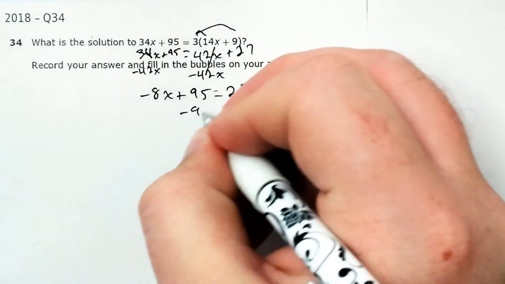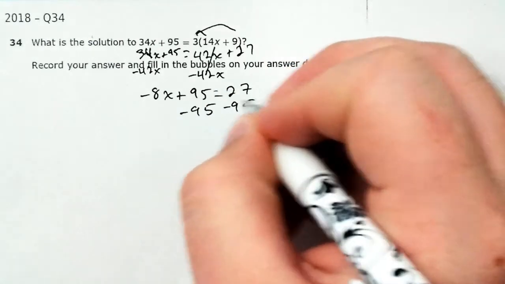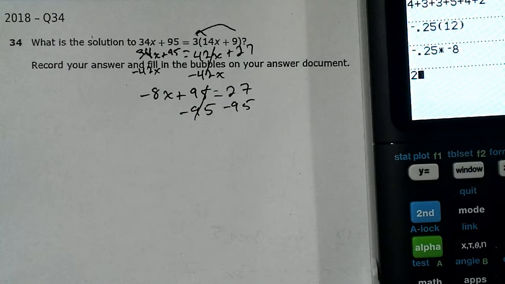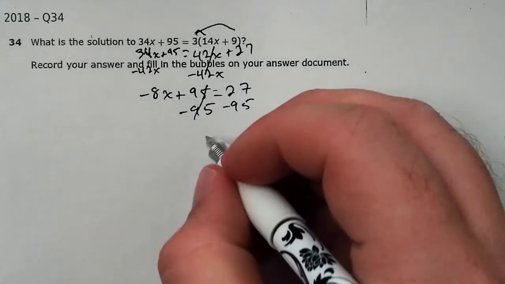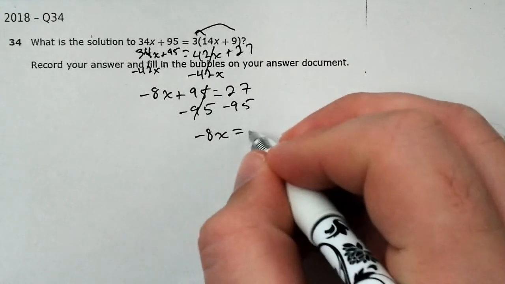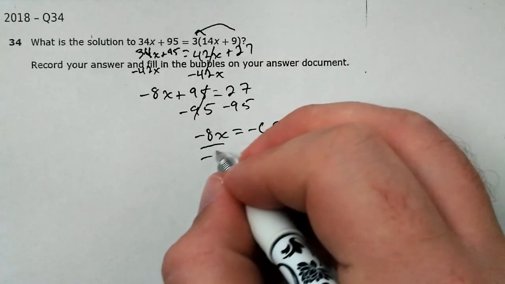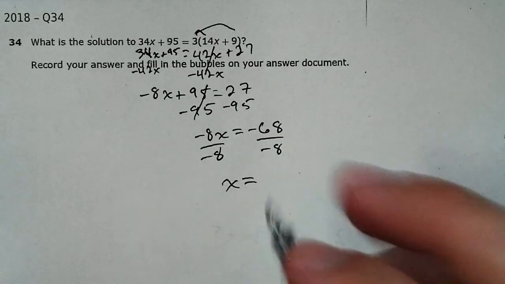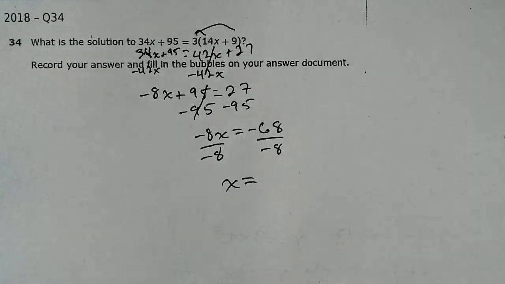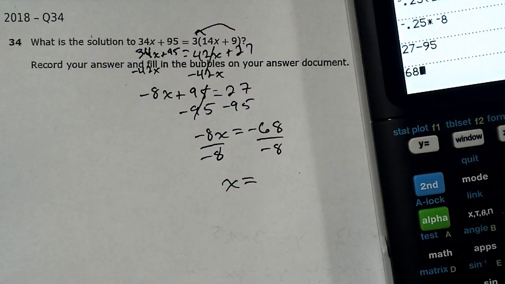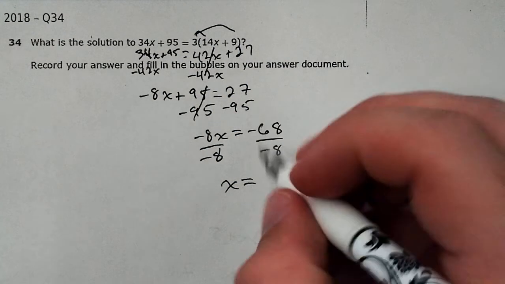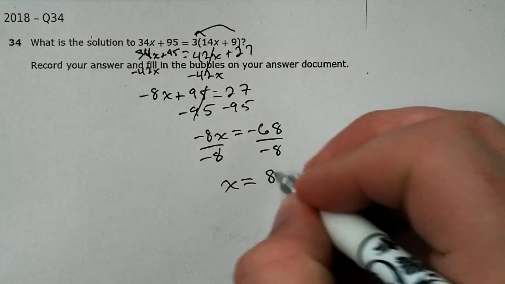Move my 95 to the other side. 27 minus 95 gives me negative 68. Divide by negative 8. X equals, what is that? 8.5. Yeah, 8.5. Negative divided by a negative equals a positive, so it's 8.5.